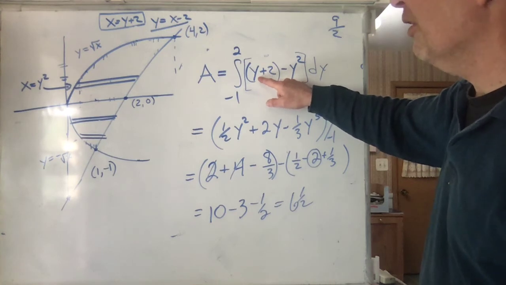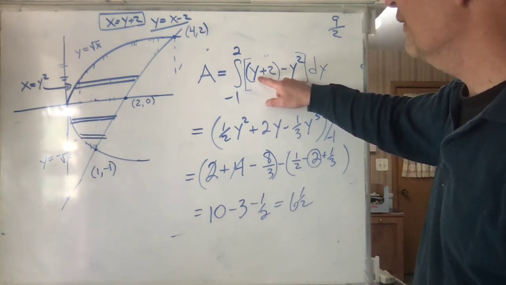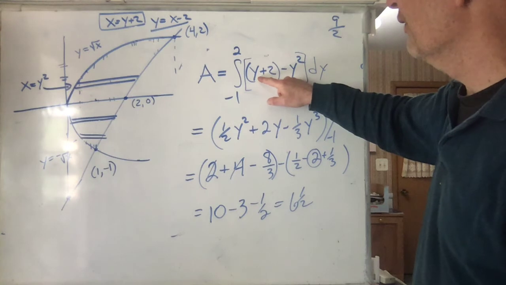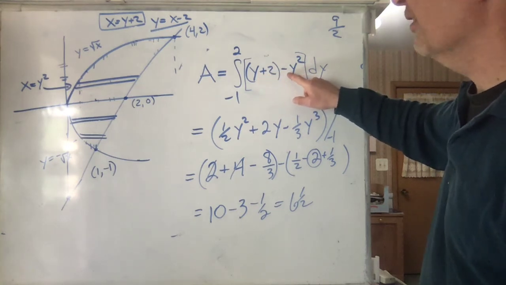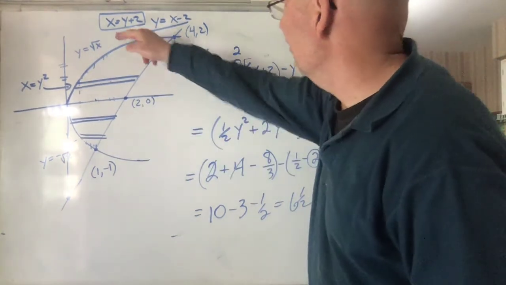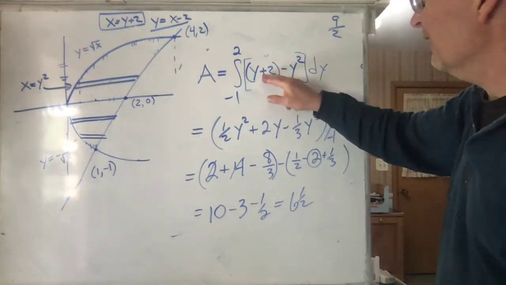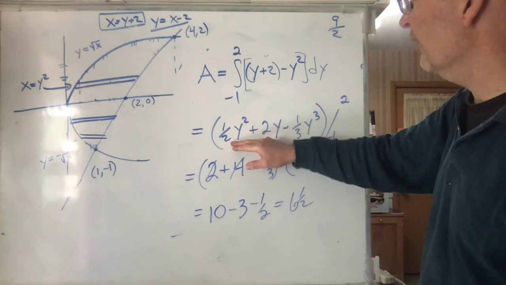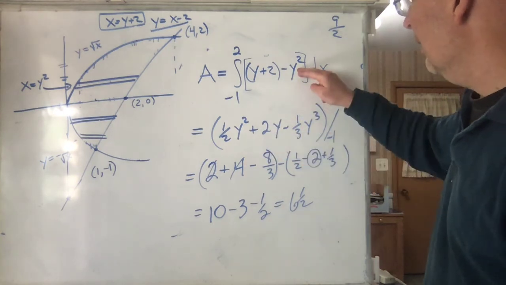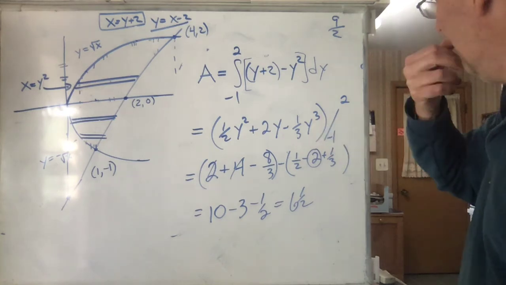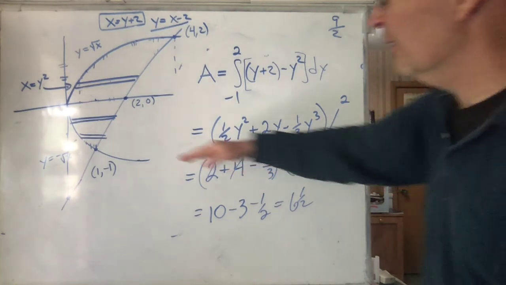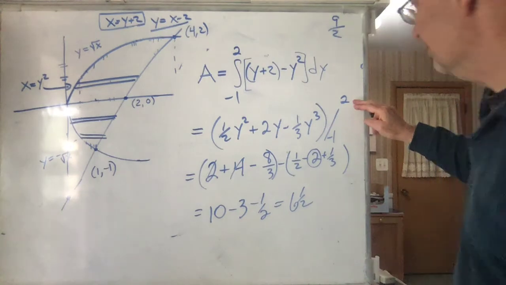Okay, you've been with me all course long, so see if you can find it for me. We're going to have y plus 2 minus this thing from -1 to 2. Okay, so the antiderivative is going to be 1/2 y squared plus 2y minus 1/3 y cubed. Okay, we do all that from -1 up to 2.